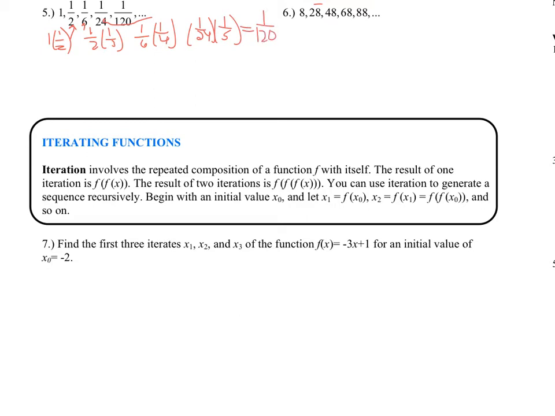So my denominator is being multiplied by 2, then 3, then 4, then 5, which corresponds to the n value. So a sub n will equal 1 over n, that's how I get the n to the denominator, times the previous term.